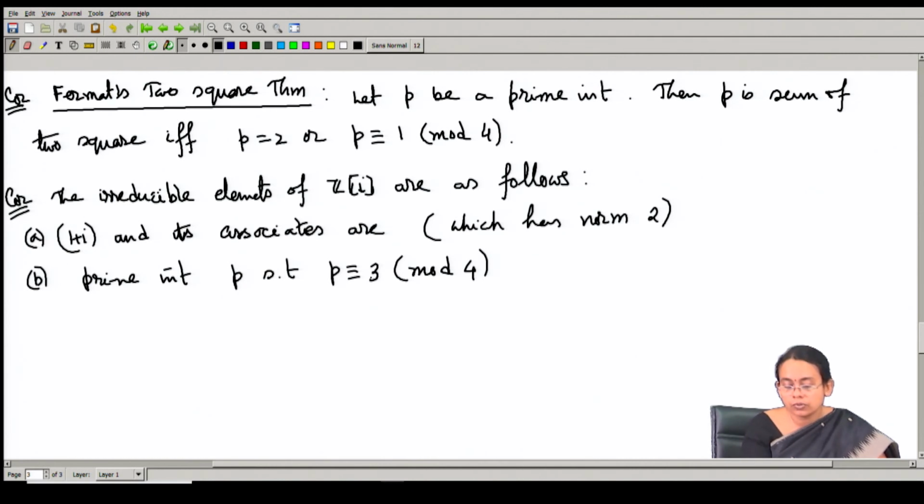So, if p is congruent to 3 mod 4, then it is an irreducible element.